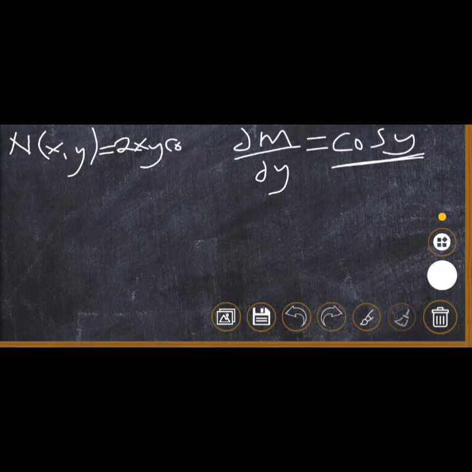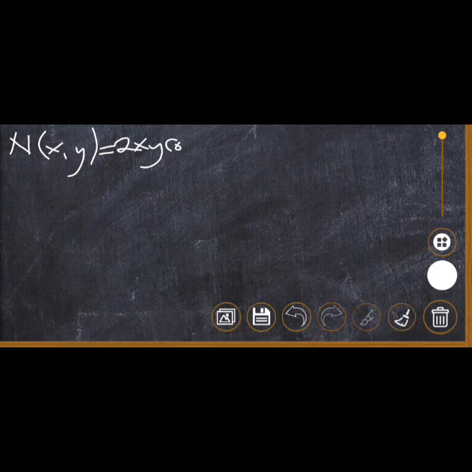For the sake of space, let's just delete this. Make sure that you take note of it somewhere so that when we get back to it, you will not get confused. So cos y plus y. They have given this with respect to dy.